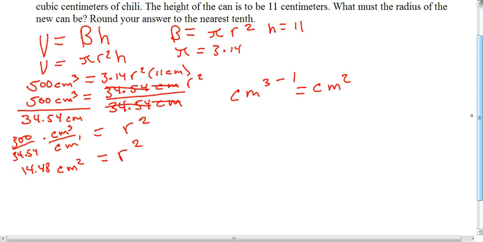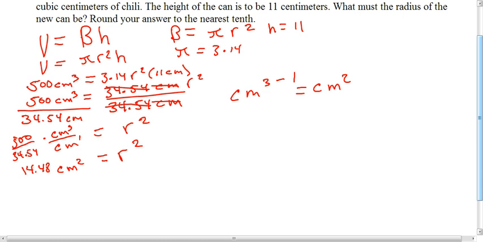Okay, now as we go on, if you look on the right side, it's telling us that that answer is r squared. So we have to be able to find the square root.